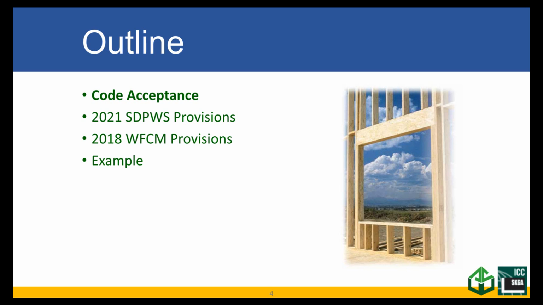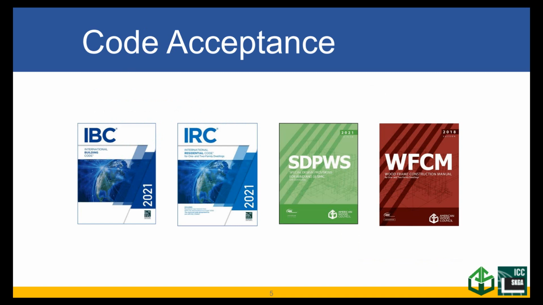Then we'll look at the 2018 Wood Frame Construction Manual provisions and wrap up our day with a detailed example showing how to implement this methodology. So that's our outline. As Maria mentioned, we'll be taking a couple of breaks along the way, and that'll give you time to type in any questions that you might have along the way.